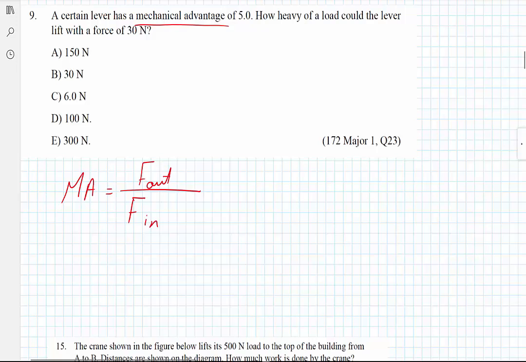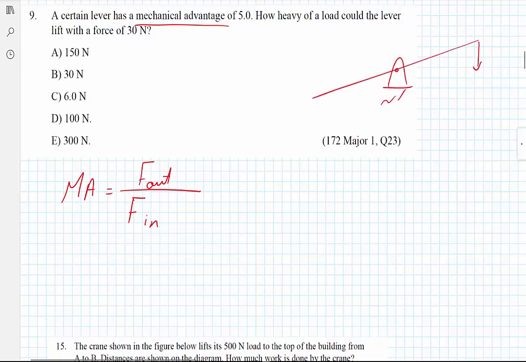So he's asking how heavy of a load the lever could lift with a force of 30 Newton. If you give this lever 30 Newton force, what's the output force, or here what's the weight? He's asking for the weight that it can handle. So the input force here is the 30 Newton. The output force is the required. The mechanical advantage is 5 times.